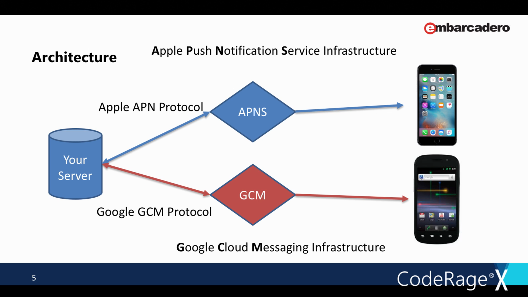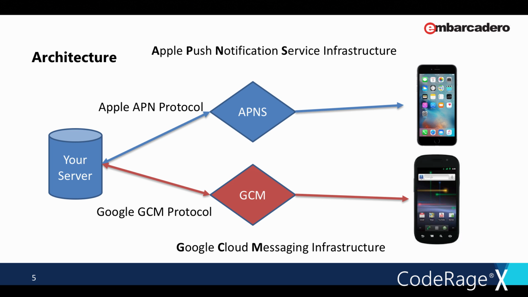So let's have a look at the architecture that you would have to apply to make your devices work in the push notification infrastructure. There are two major service providers: Apple and Google. Both have different implementations of their push notification systems.